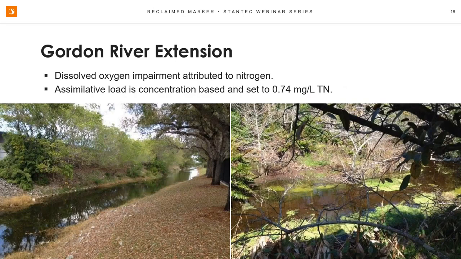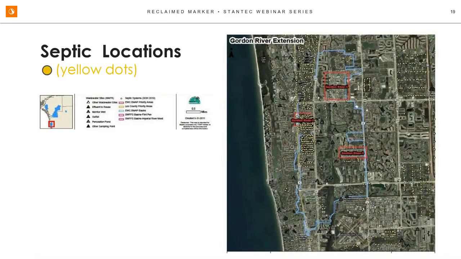This is the Gordon River extension, and it is impaired for dissolved oxygen, which is attributed to nitrogen levels being too high, and it has an assimilative load concentration based and set to 0.74 milligram per liter of total nitrogen.